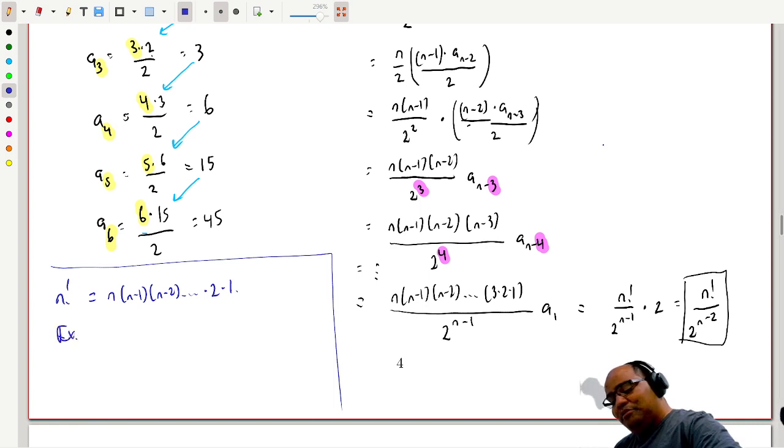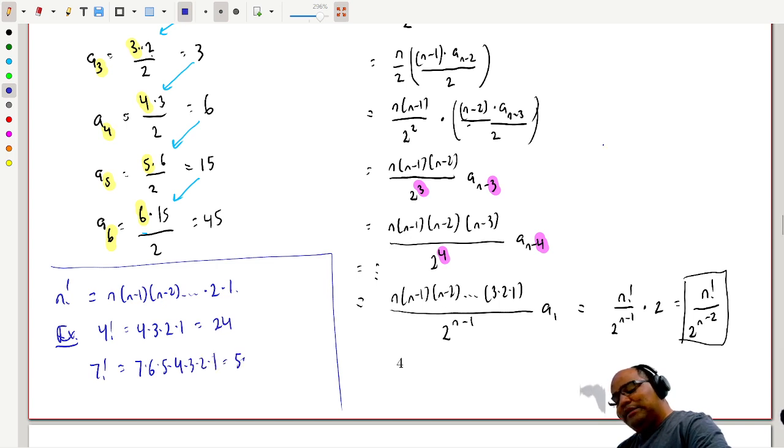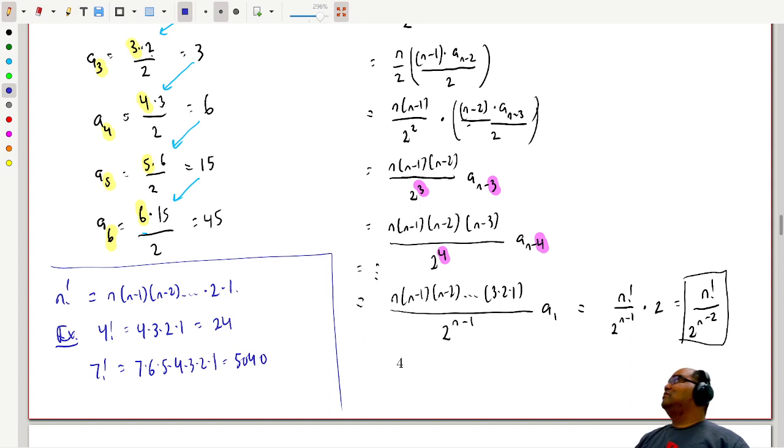Okay, so for example, 4 factorial, 4 times 3 times 2 times 1, blast off, that's 24. And 7 factorial, 7 times 6 times 5 times 4 times 3 times 2 times 1 is 5040. Okay, we're going to be seeing this factorial come up a lot.